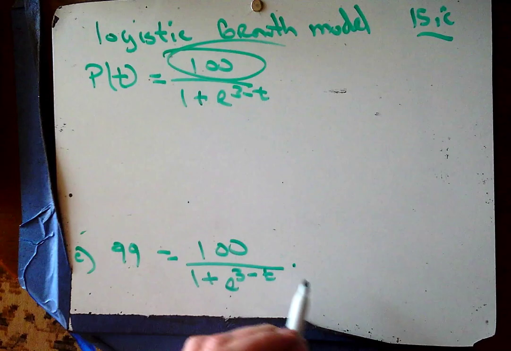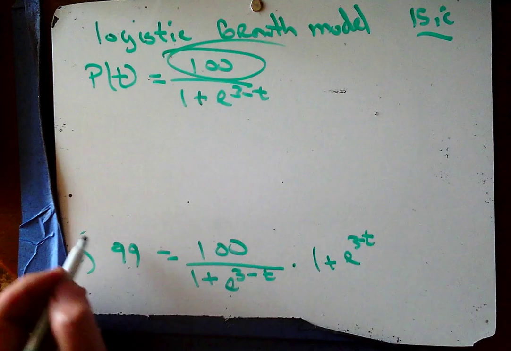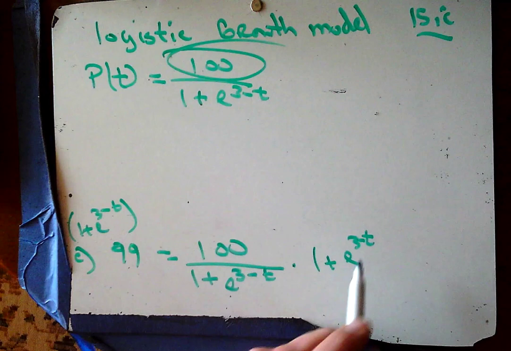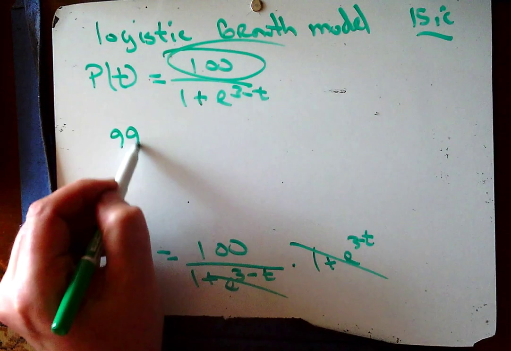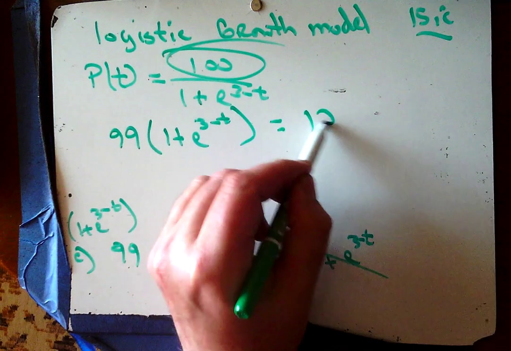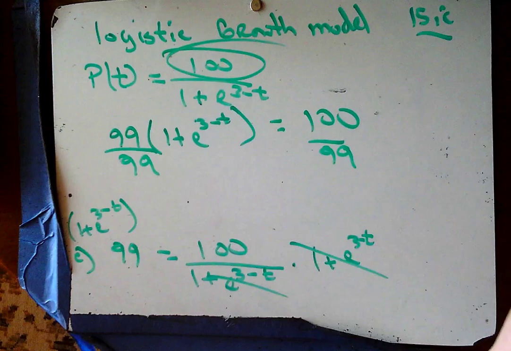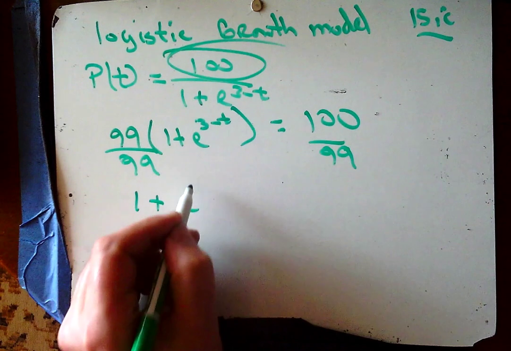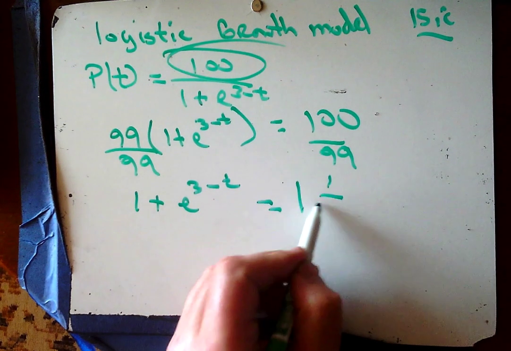The first thing I'm going to do is multiply both sides by this denominator, so that I can cancel out over here. I'm not going to distribute now on the left side. I'm simply going to divide by 99. Okay, so now I have 1 plus e to the 3 minus t equals 1 and 1/99.